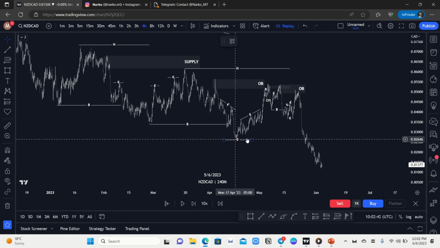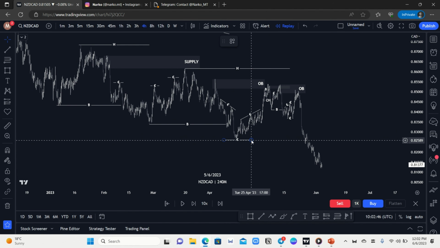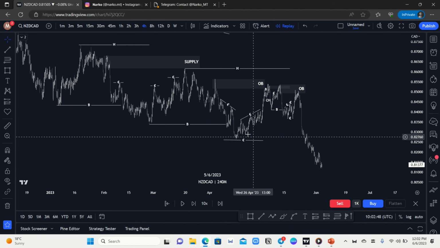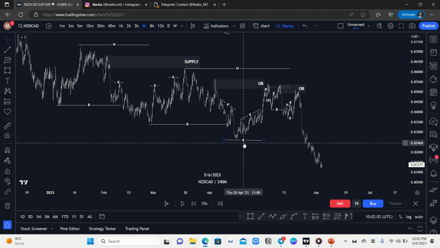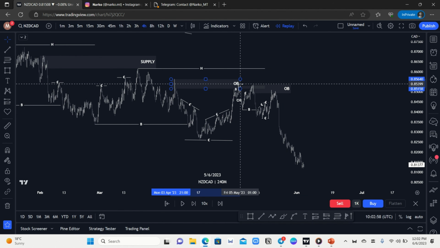And ultimately when it sweeps out our liquidity lying at this low here, we know that that's where we are looking to take profits. Okay, so I think that's it for today's video.